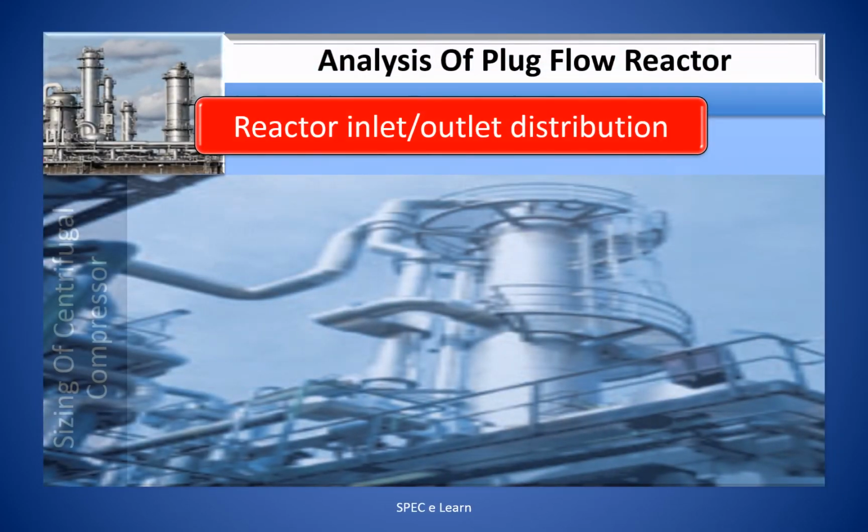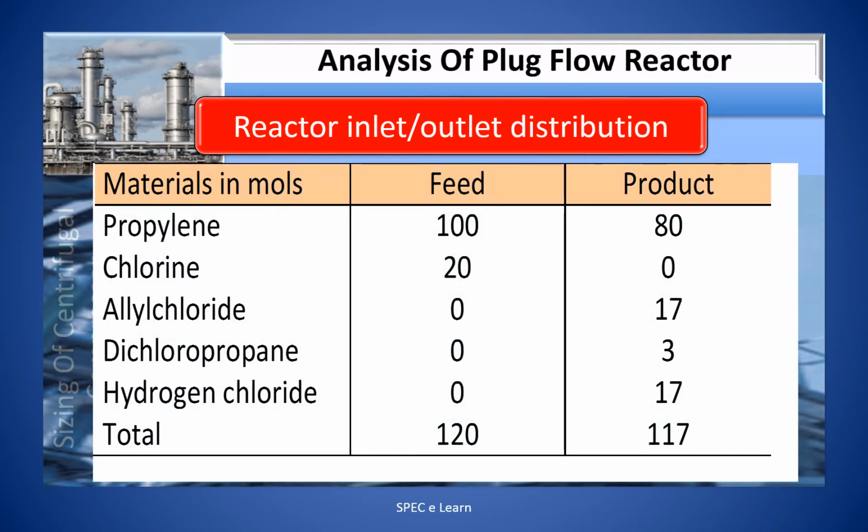Now we can write the inlet and outlet product distribution. Propylene: feed 100 moles, product 80 moles. Chlorine: it's 100% reaction and conversion, so feed 20 moles, product is 0 moles.